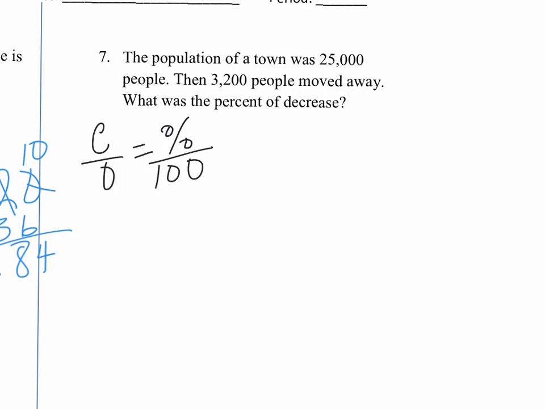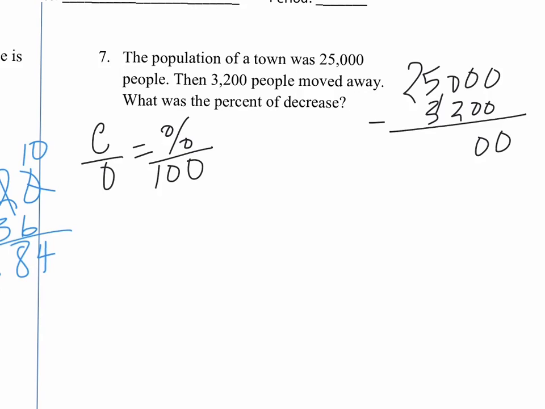First you have to find the change, which is 25,000 minus the people who moved away. Subtract.